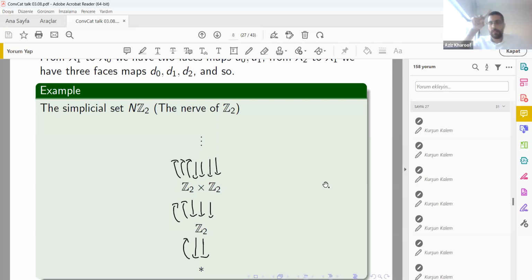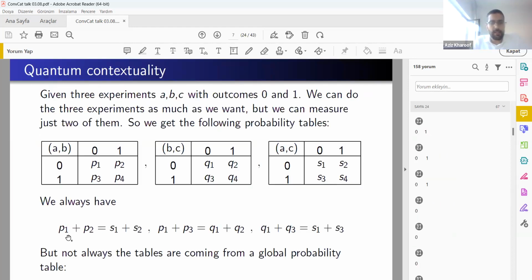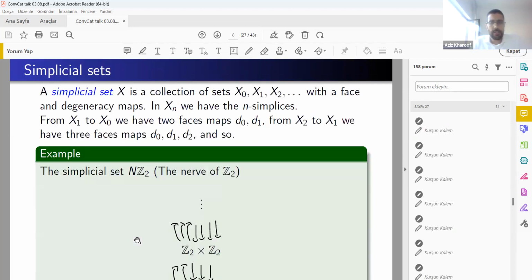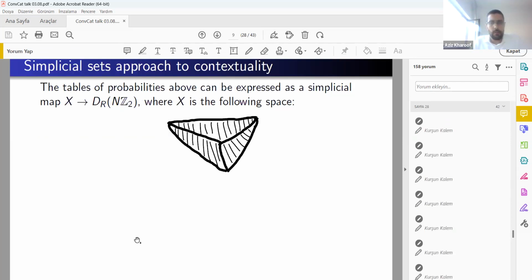This is exactly the table from Z2 cross Z2. And the compatibility, this equation, is exactly what is given in the simplicial identity, because this is a simplicial map. One can check this.